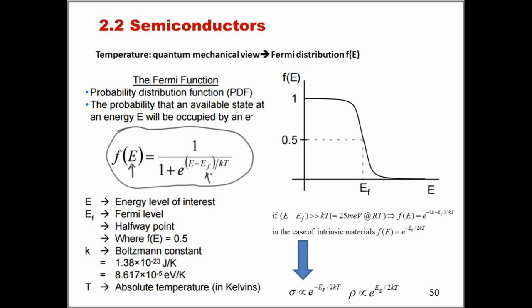The concept of the Fermi function arises from that approach, and we will see later on that it can be demonstrated that the Fermi level in our semiconducting material, for materials that are undoped, is generally very close to the midpoint of the band gap.